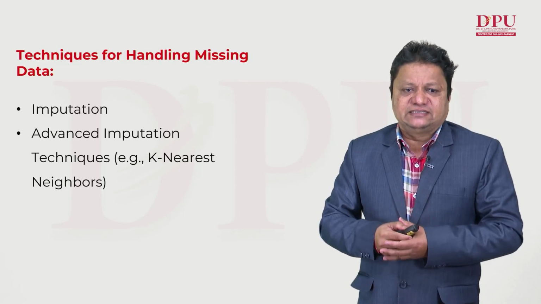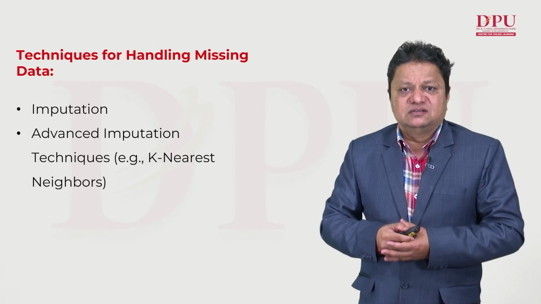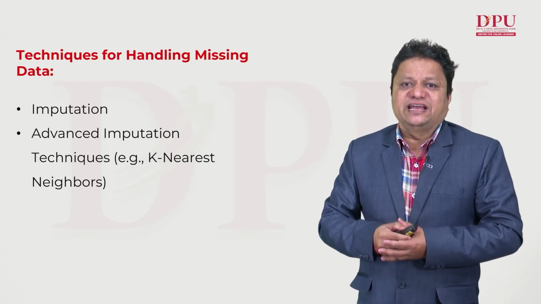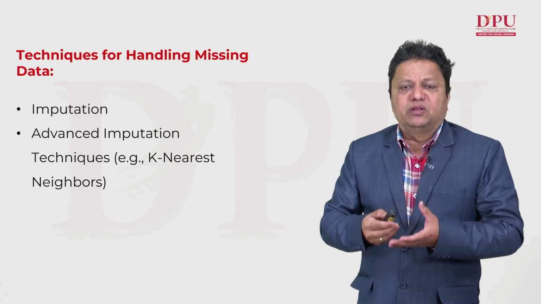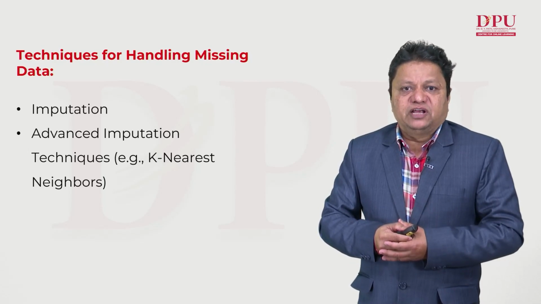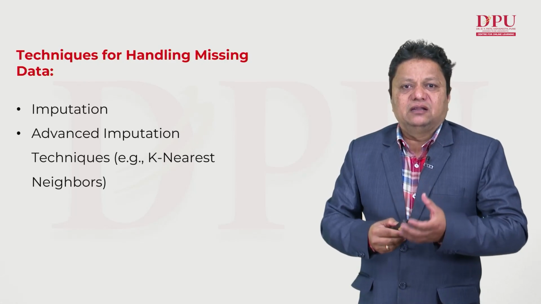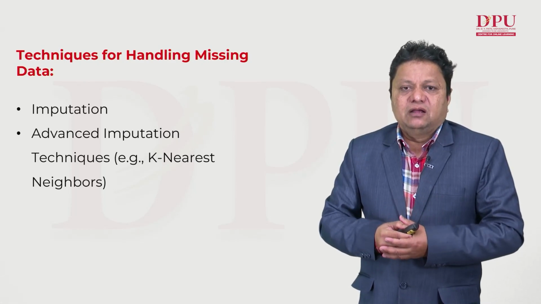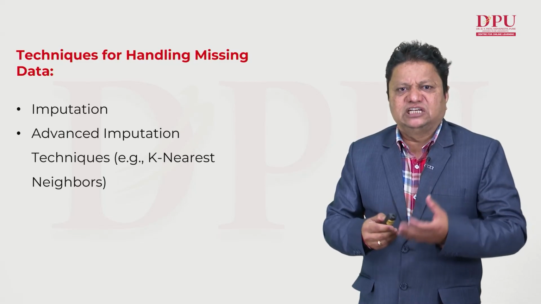There are different techniques. Say for example imputations. When I say imputations, I am using different techniques. It can be mean imputation, it can be mode imputation, it can be forward fill imputation, it can be backward fill imputation. I can fill up the data based on my experience, based on practical experience, based on judgments.